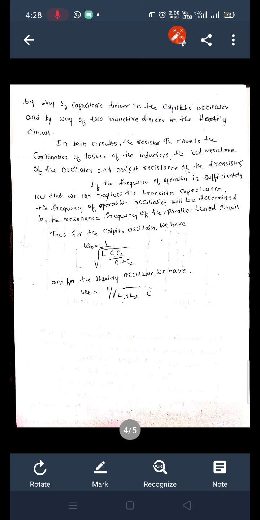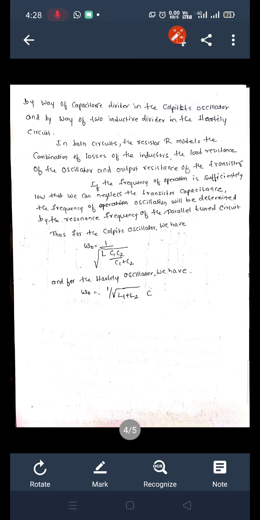Thus for the Colpitts oscillator, the frequency of oscillation is omega naught equal to 1 over the square root of L times C1 C2 divided by C1 plus C2.